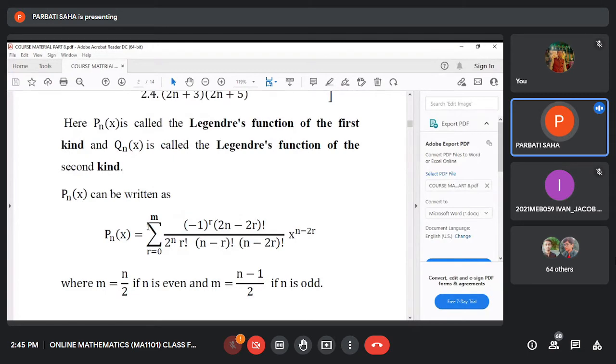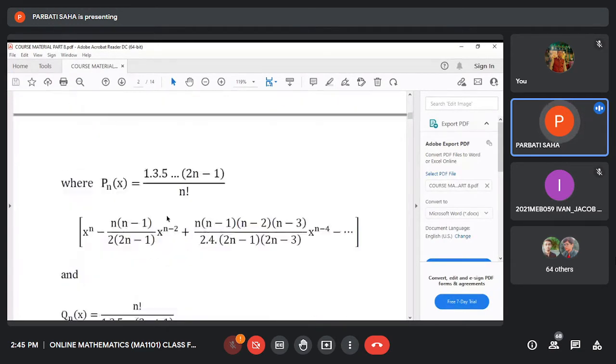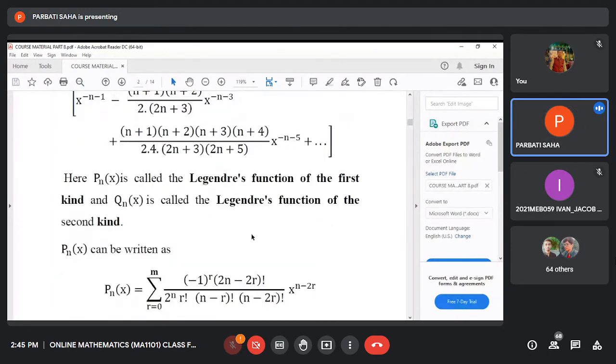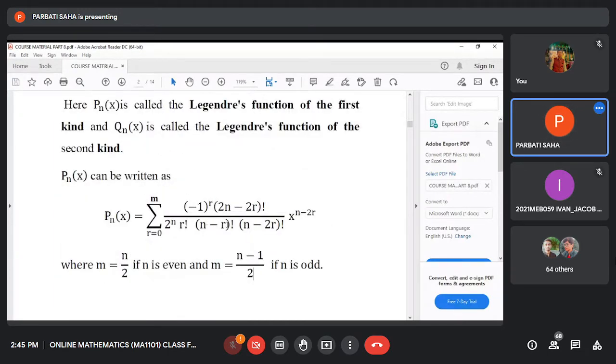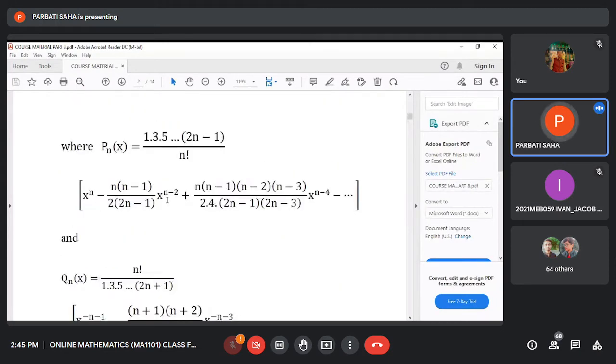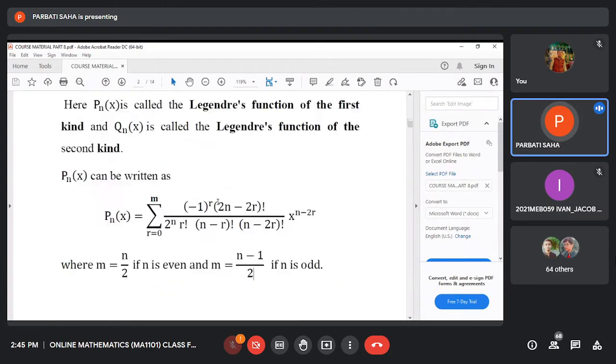If we use the summation, sigma notation, then this series Pn(x) can be written as this. So Pn(x) is a series in descending powers of x, which can be rewritten in this form using sigma notation.